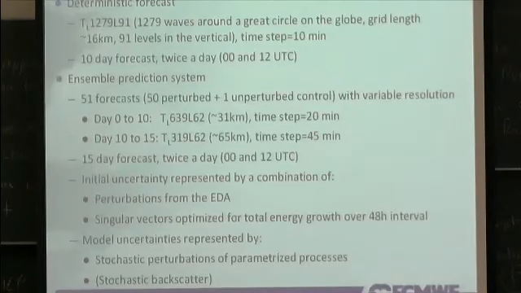And the initial uncertainties are represented by perturbations from the ensemble data assimilation and by singular vectors, which are optimized for a total energy growth over the first 48 hours of the forecast. And the model uncertainties are represented by the 2 schemes I will point out in detail in the following.